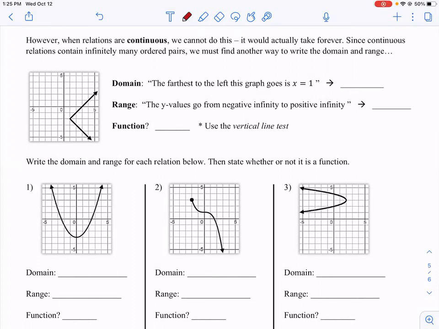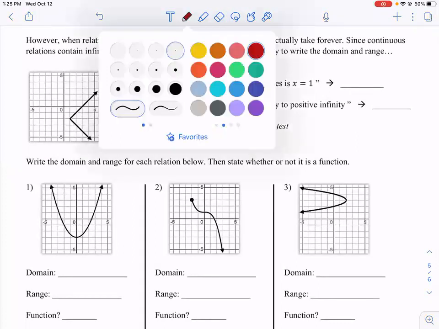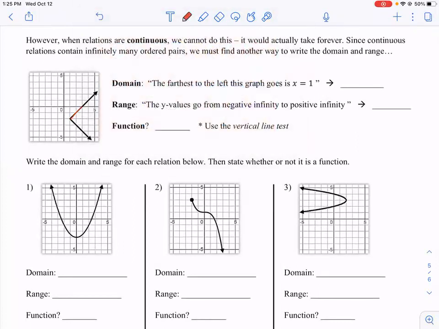So our domain, I'm going to highlight this guy. Notice how I only have x values from 1 and then to the right. Do you see how that happens? So we can say that our domain is x is greater than or equal to 1 because I have coordinates at x equals 1 and only to the right of them.